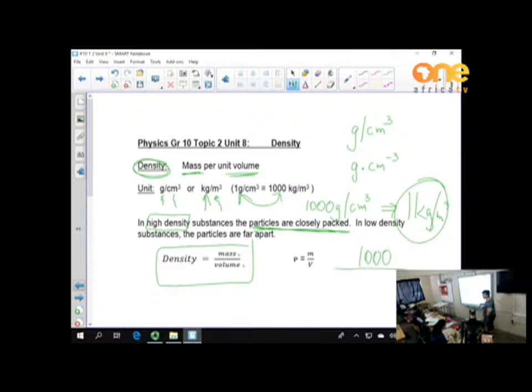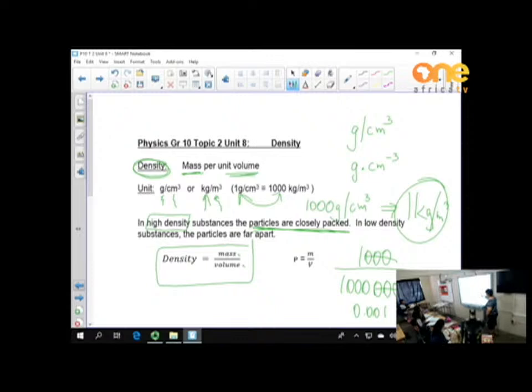A cubic meter is equal to 1, 2, 3, 4, 5, 6 cubic centimeters. Hang on. So, what is 1 over 1,000? 0.001. So, 1 gram, this is kilogram, this is grams per centimeter cubed.